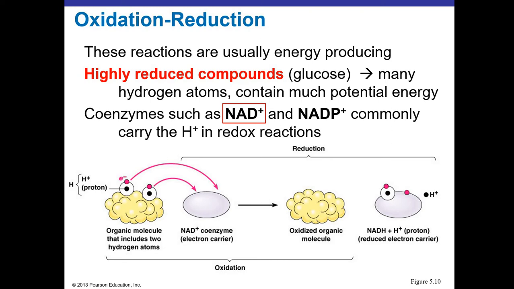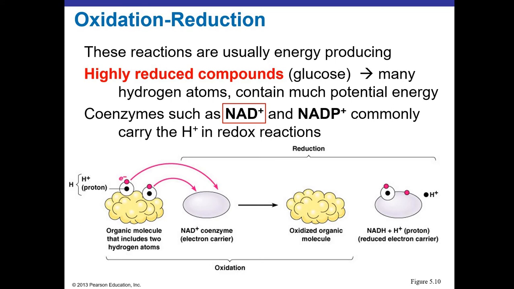Well, since these reactions have to be coupled, that means that there's coenzymes such as NAD positive and NADP positive. These are commonly carrying the hydrogens in these redox reactions. We're going to focus on NAD positive. NAD is nicotinamide adenine dinucleotide, and the positive designates that this is the oxidized form.